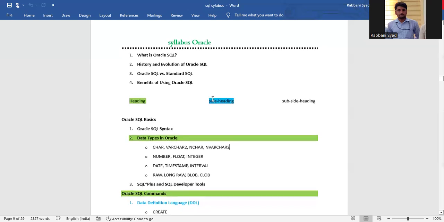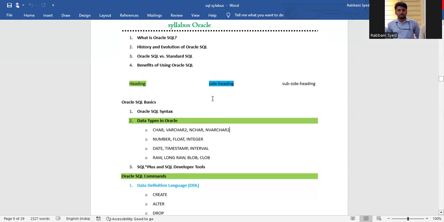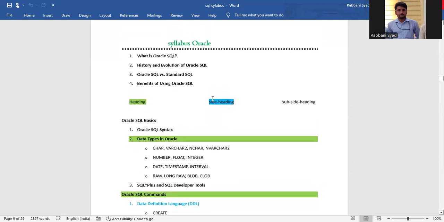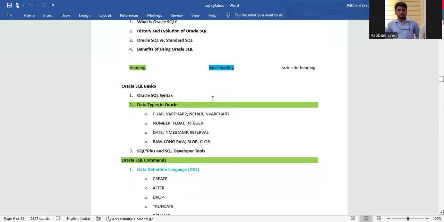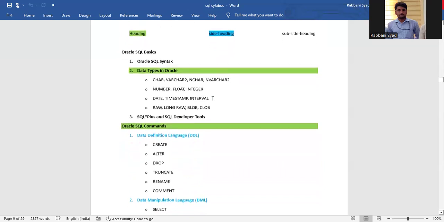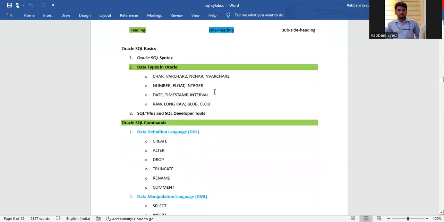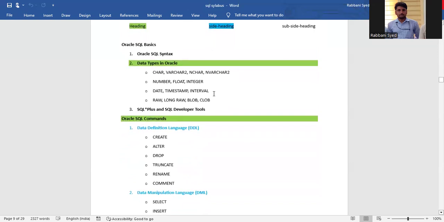Here I am going through the total syllabus. One, Oracle SQL basics: Oracle SQL syntax, and data types in Oracle: char, varchar2, nchar, nvarchar2. Those kinds of data types are the main data types.